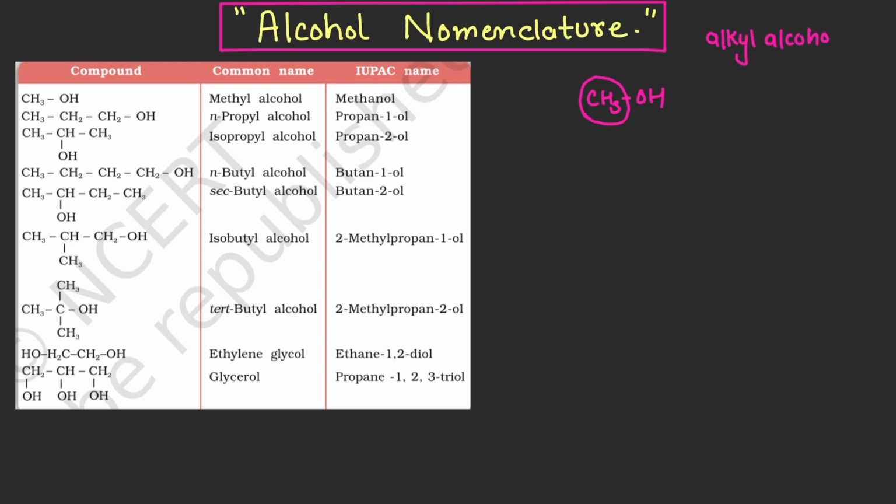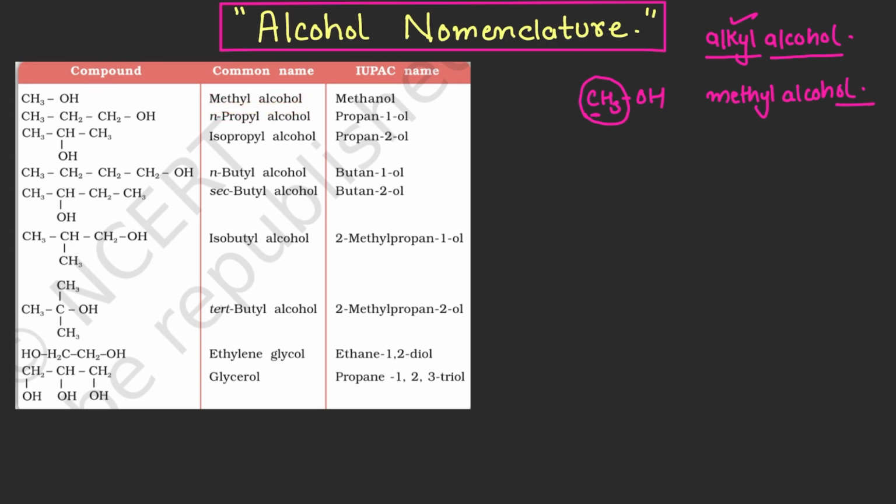Since this is only one carbon, we will have methyl, followed by alcohol. So that's how methyl alcohol comes out.